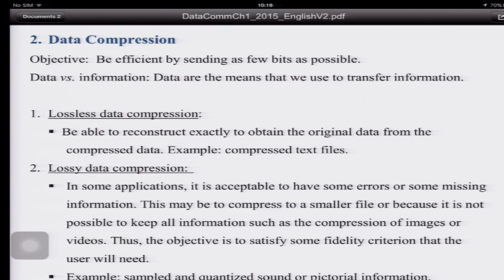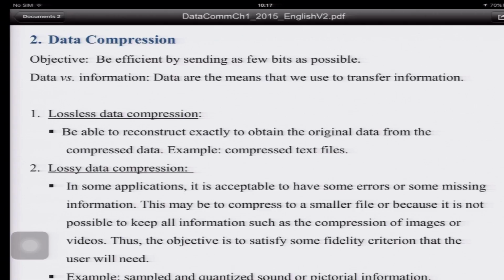Now, in order to know how we can change from 1,000 bits to 800 bits or to 500 bits and transmit, we have to understand that data and information are not the same. Information is abstract, what we want to send, but data are the means that we use to transfer the information.